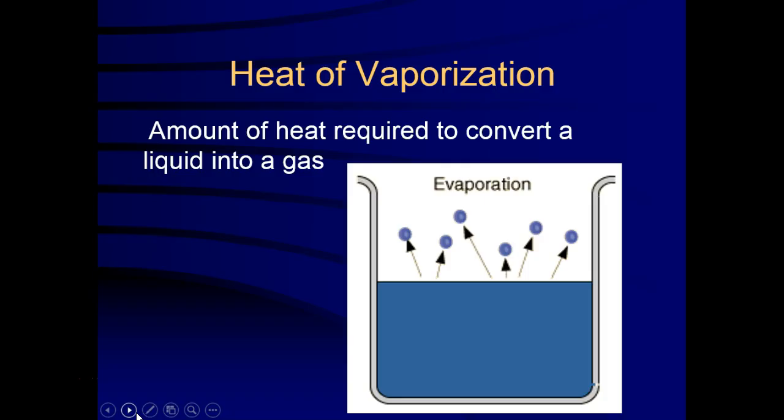Now, for different substances, there are different temperatures required for something to convert into a gas, to break those bonds and become an individual free molecule. That temperature is what we call the heat of vaporization. Just like specific heat, water has a very high heat of vaporization. It takes a lot of energy for water to transform from a liquid to a gas.